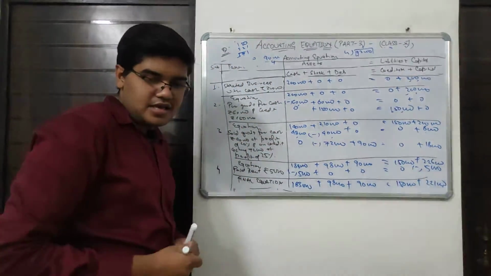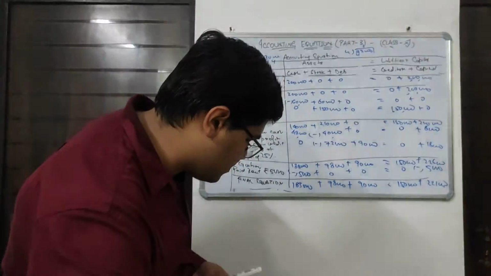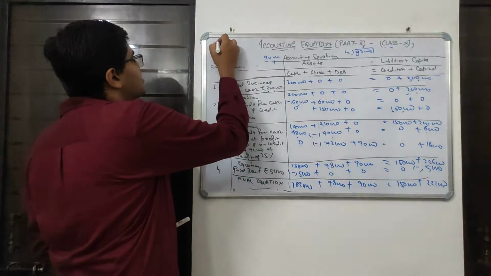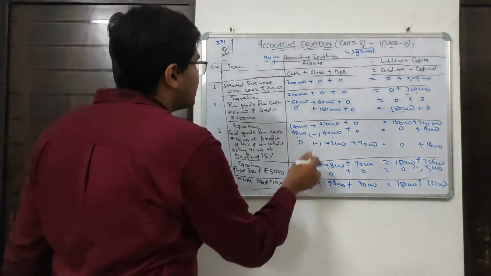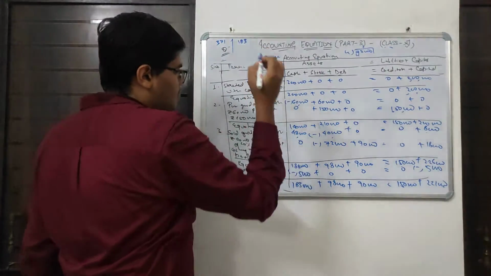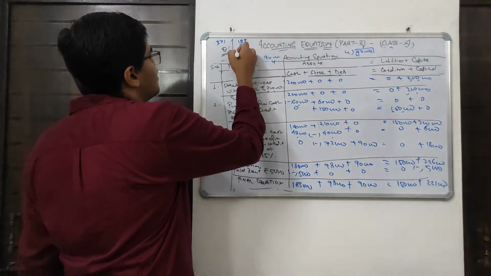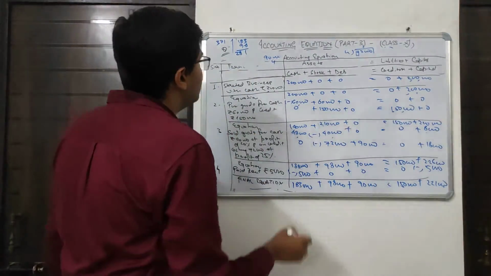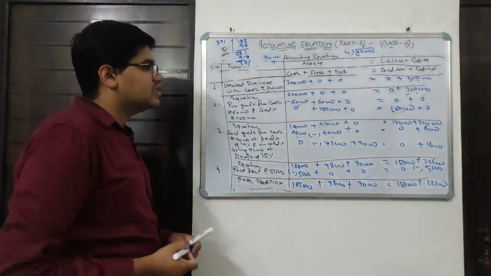And our asset side: 1,83,000 plus 98,000 is 2,81,000, and plus 90,000, that is 371. So our equation gets balanced.